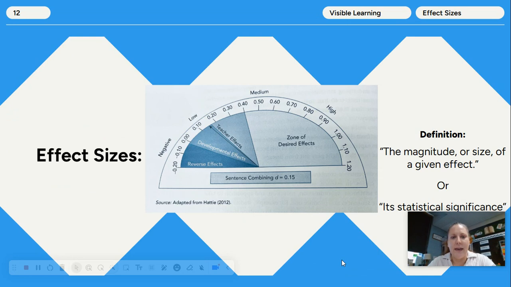So here is a graphic that kind of explains the idea behind the numbers that we're looking for with effect sizes. So the zone of desired effect is 0.4 and above. So when we're looking at effect sizes, we're looking at strategies that have that effect size.